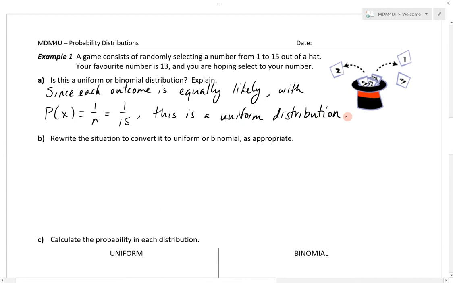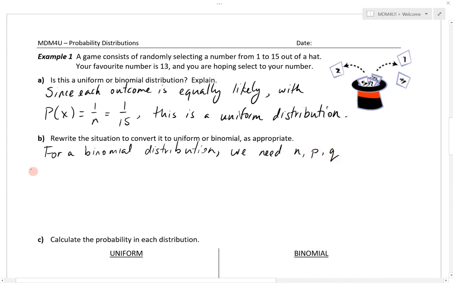Okay, so now how would we rewrite the situation to convert it to a binomial distribution? What do we need for a binomial distribution? Well, we need n, we need p, and we need q.